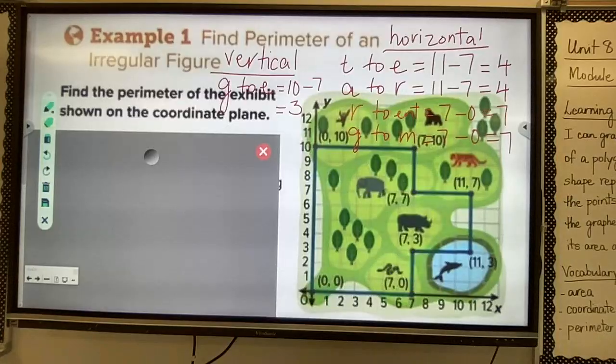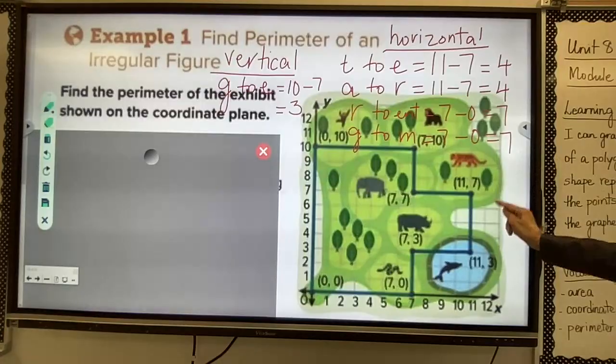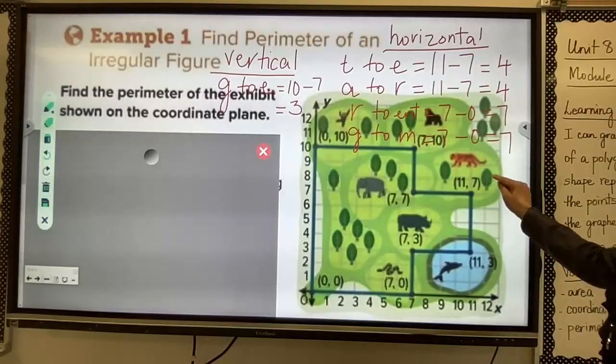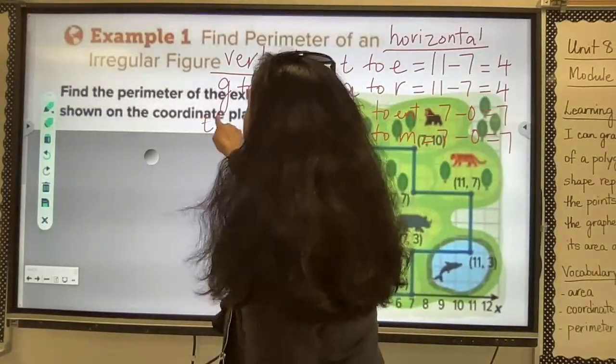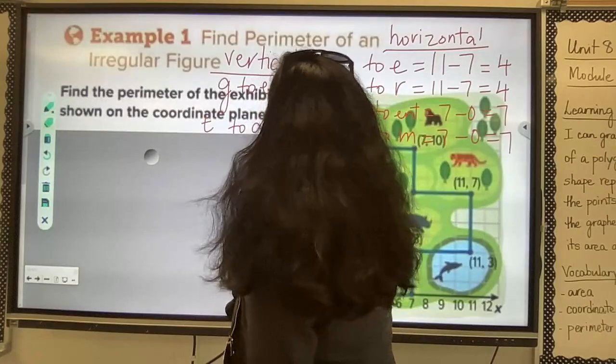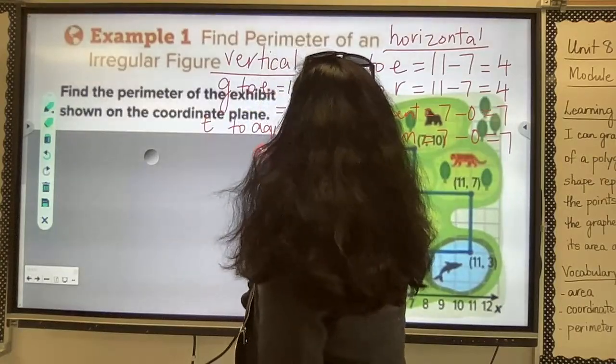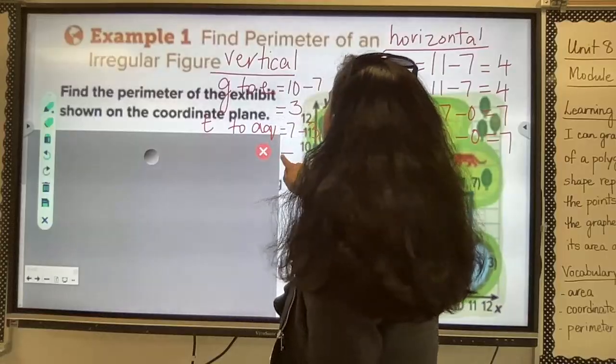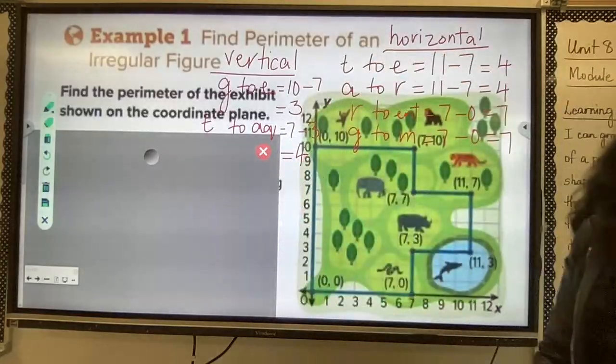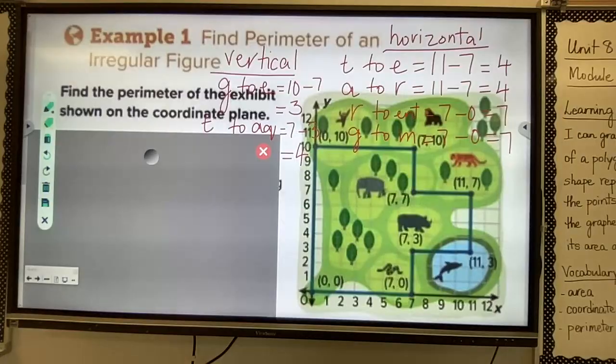All right, and then I'm going to do tigers to aquarium, and that is 7 minus 3, which gives me 4, and that's my distance. Then rhinos to reptiles.